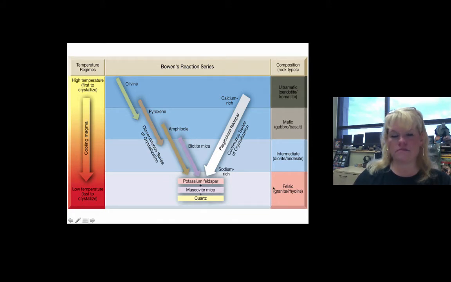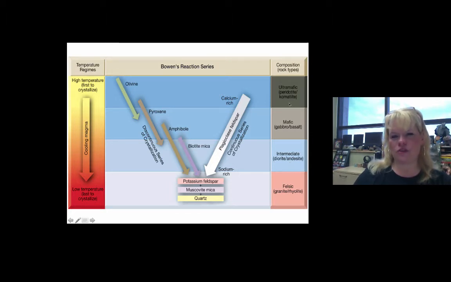Potassium feldspar is pink, so you can have pinks, whites, tans, and very, very light shades of gray. That would mean if I have white, tans, pinks, and very light shades of gray, and then my basalt is black and very dark shades of gray, all other shades of gray must be intermediate.